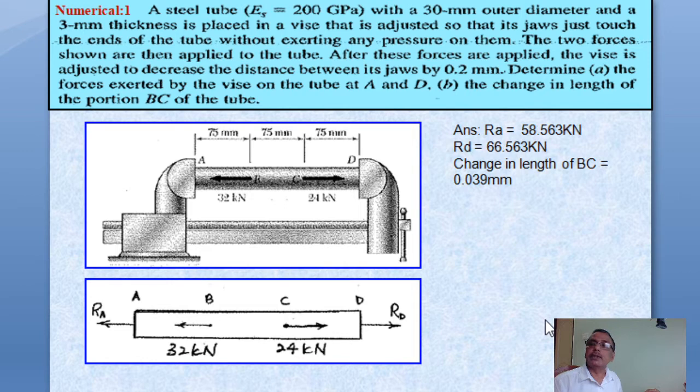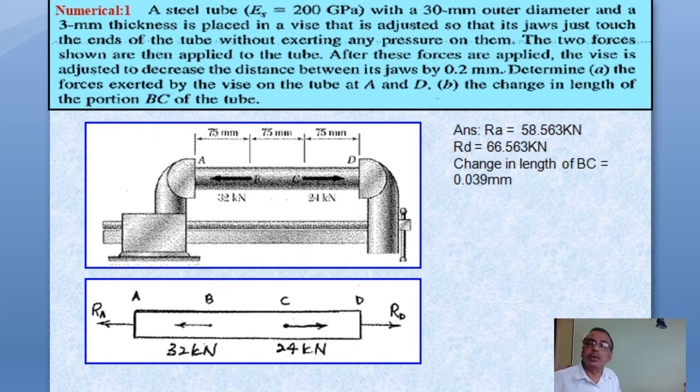The two forces shown are then applied to the tube. After these forces are applied, the vise is adjusted to decrease the distance between the jaws by 0.2 mm. Determine the forces exerted by the vise on the tube at A and D and the change in length of the portion BC of the tube.